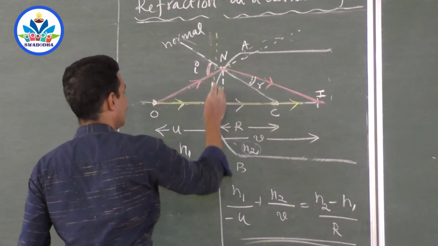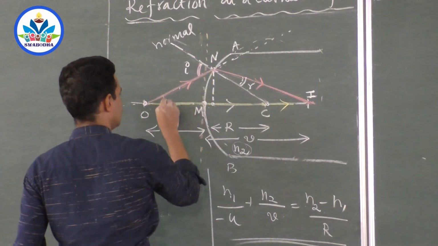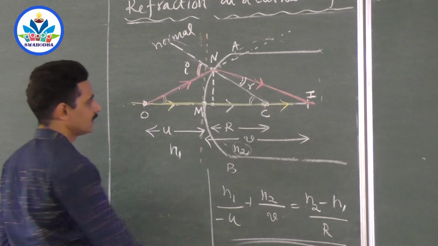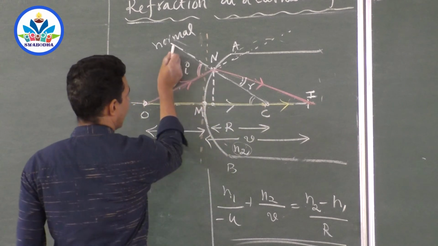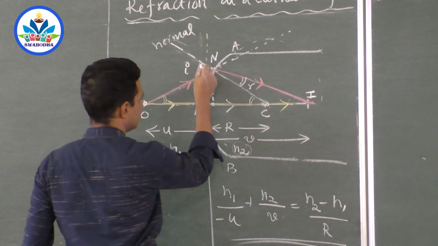So in the triangle NOC, I is the exterior angle and these two are the interior opposite angles. Do you agree? It is not this one, because the triangle shouldn't go like this and like this. It should go like this, because this is the exterior angle.